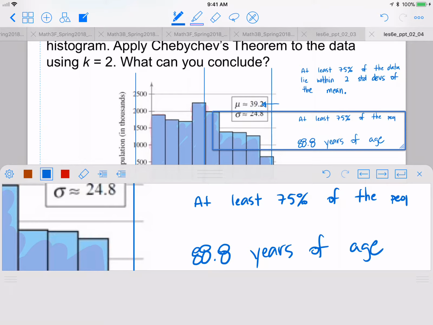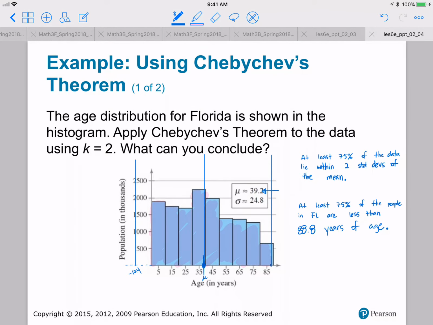So let's put this, of the people in Florida are less than 88.8 years of age. Okay, so that would be how you would explain this in English to someone, right?